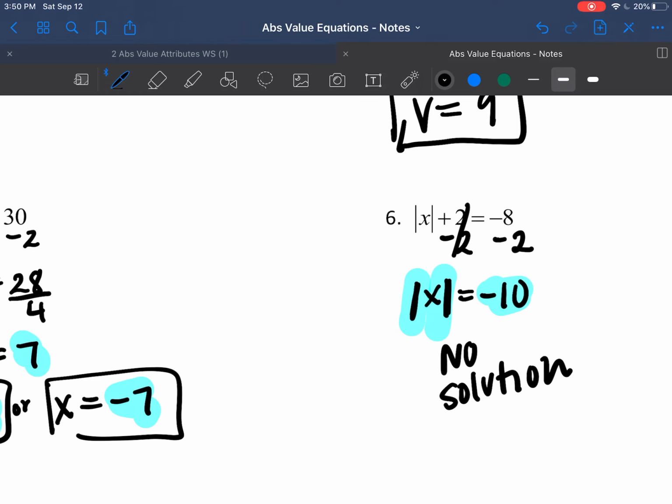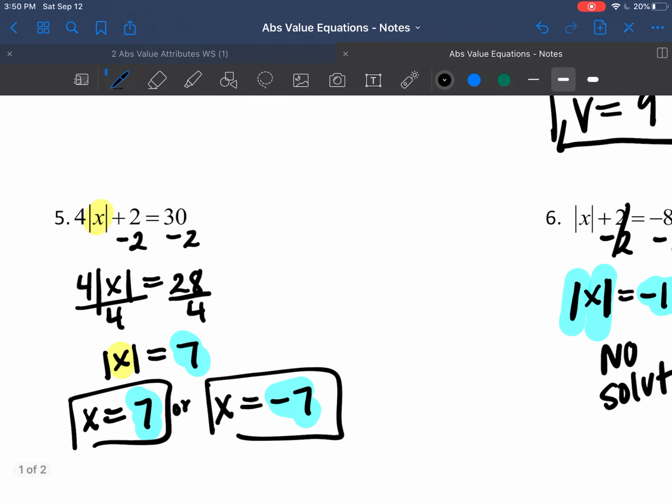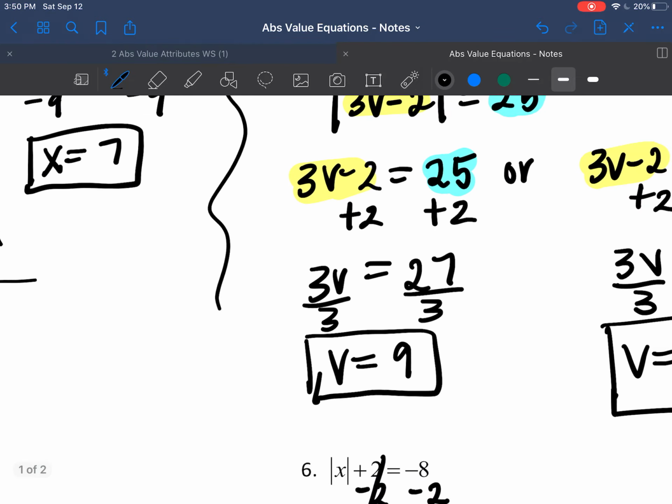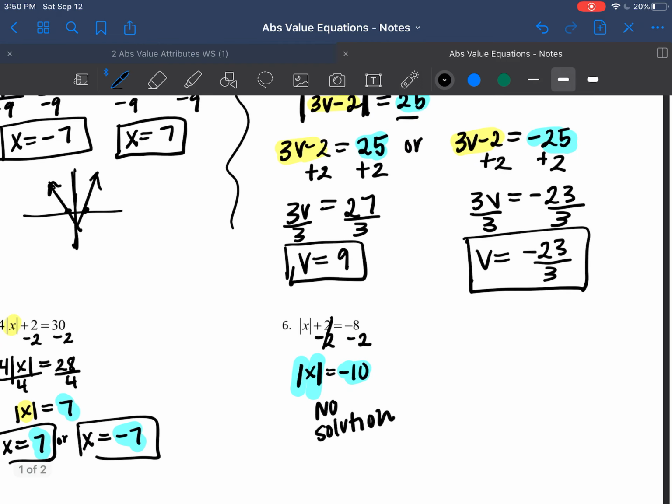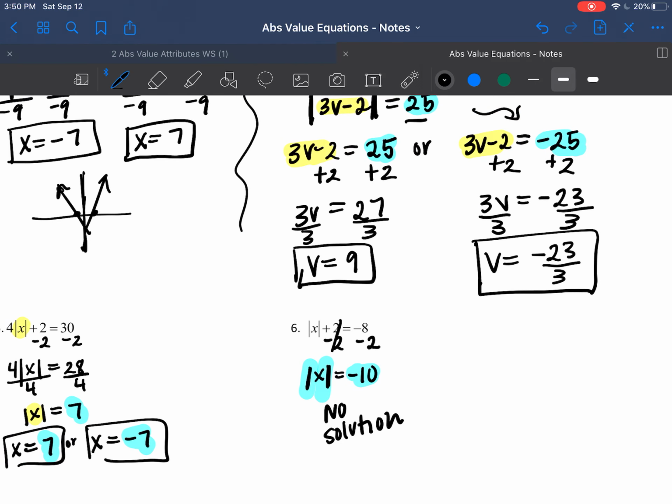That's a no solution case. That is not the same as the cases we've written. Here I had absolute value equal to a positive number, and then I wrote my negative case. Here I have absolute value equal to a negative number, so I stop and say no solution.